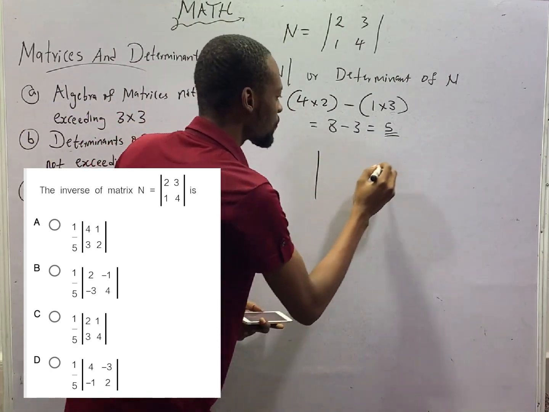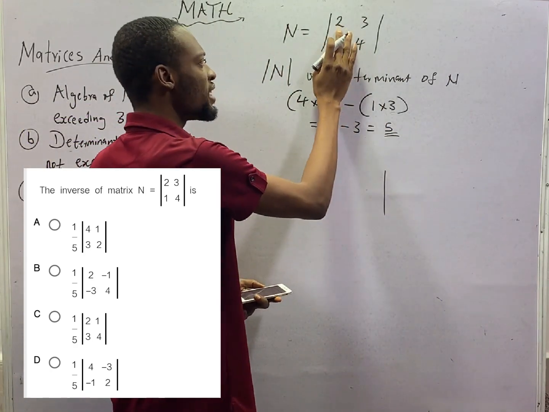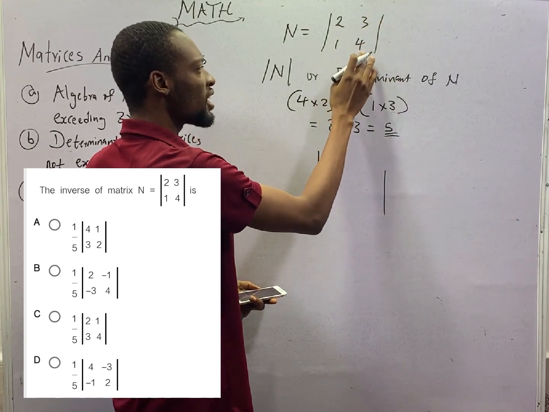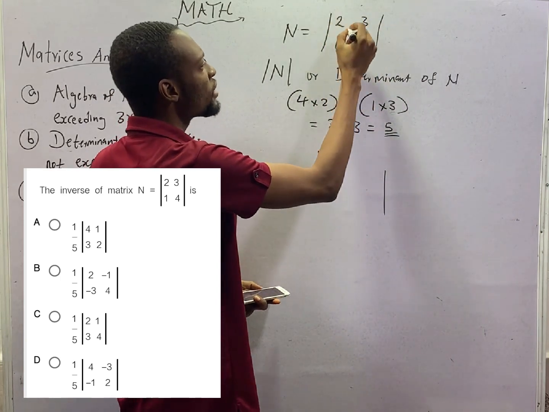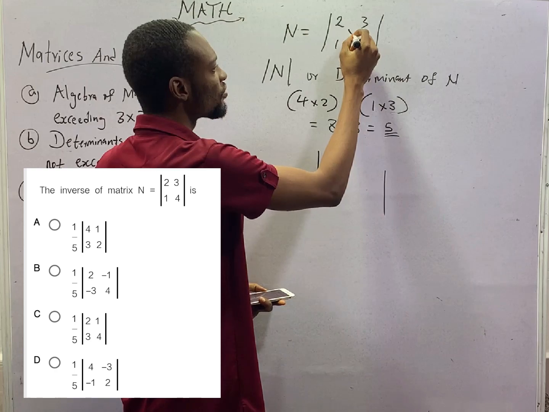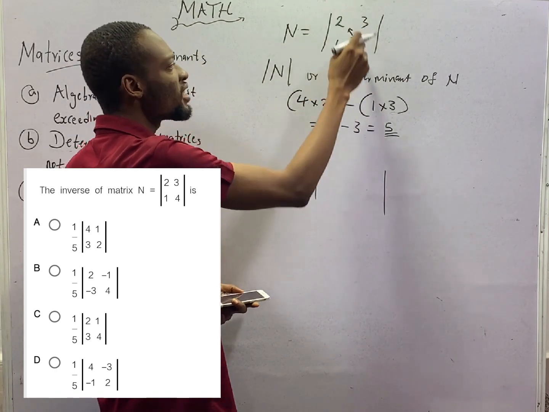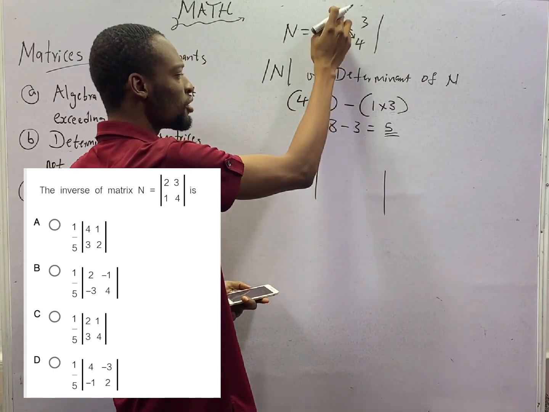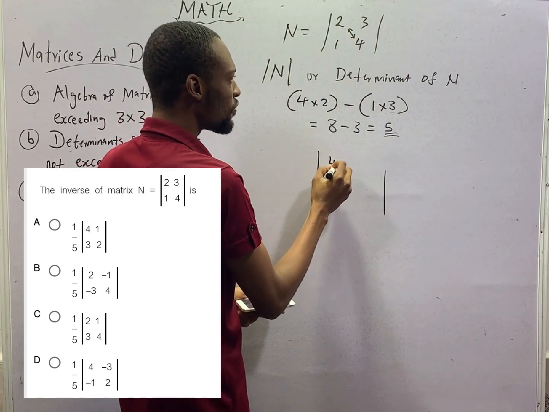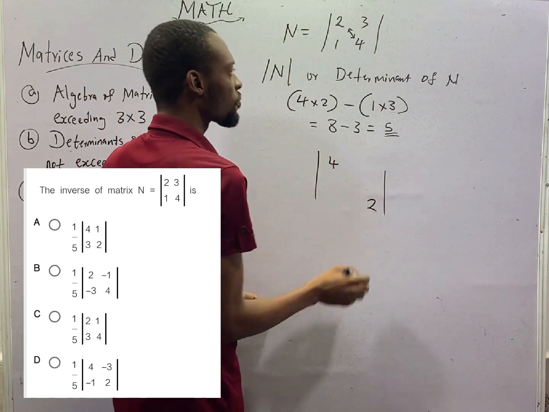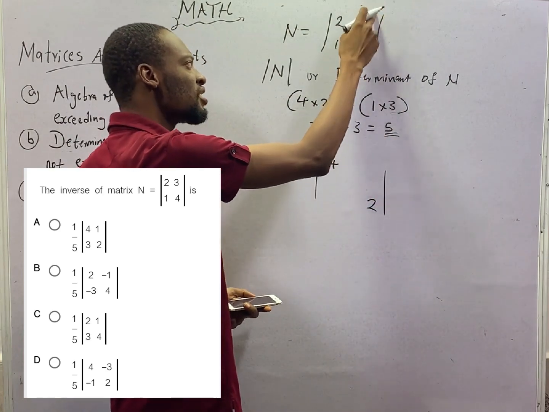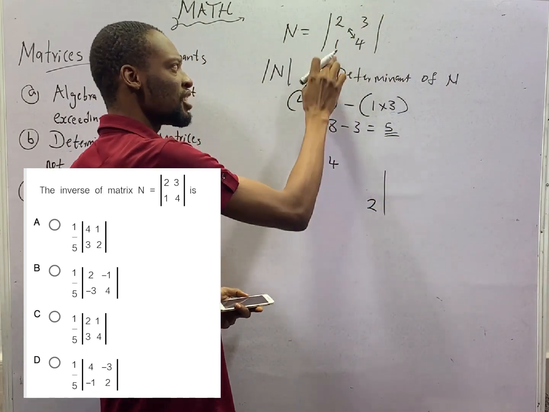From the matrix, there is 2 here, 3 here, 1 here and 4 here. Do like this. The one that is here, take it down. The one that is down, take it up. So here becomes 4, here becomes 2. The ones that are here, change the sign.